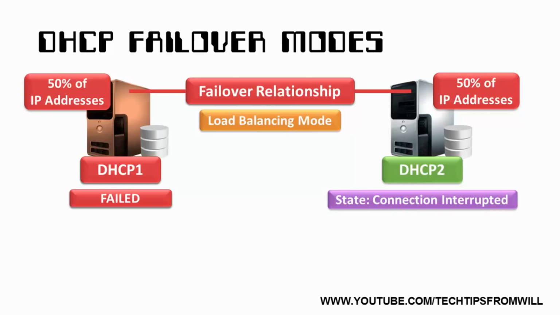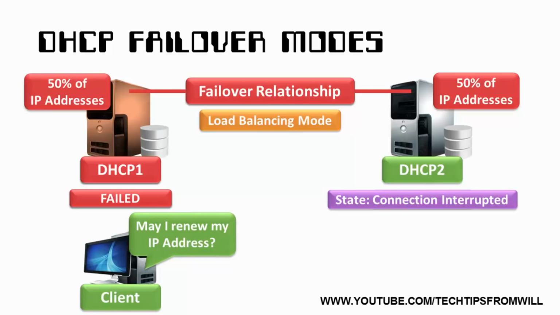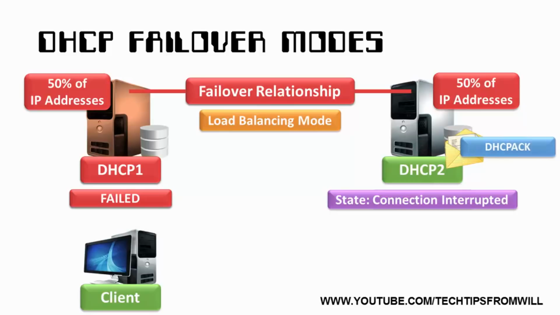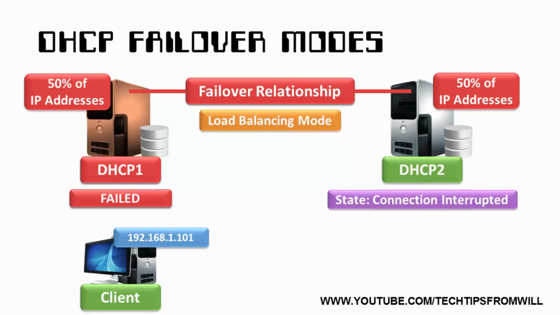Whilst in the connection interrupted state, if a client needs to renew its IP address lease, it will send a DHCP request packet to DHCP Server 2. And DHCP Server 2 will respond with a DHCP ACK packet renewing the lease.